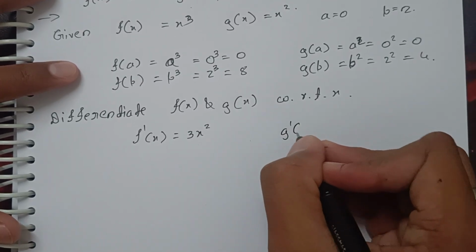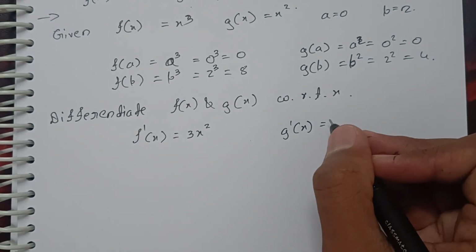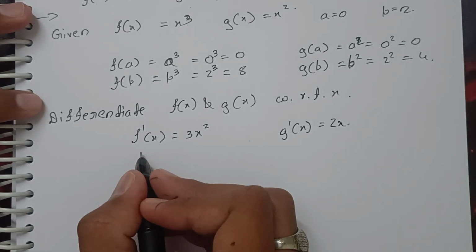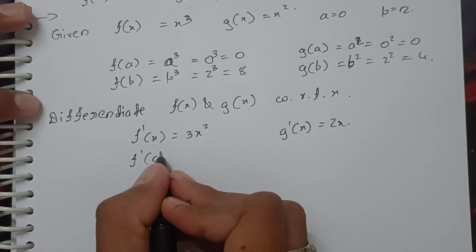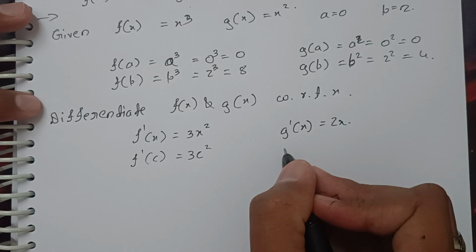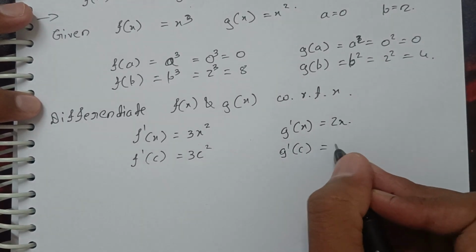After differentiation, it will become g dash of x is equal to 2x. So now we replace x with c. F dash of c is equal to 3c square, and g dash of c is equal to 2c.